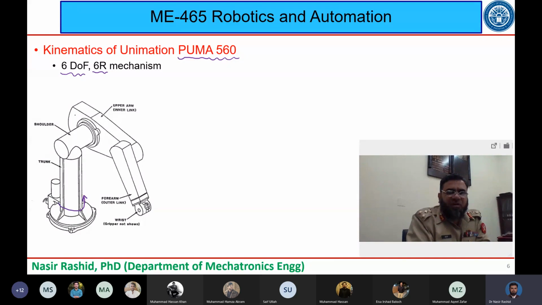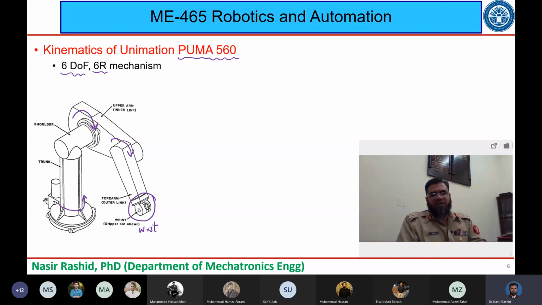Then we have a joint here which can rotate like this. We have a joint here which can rotate like this. And then we have a wrist. How many degrees of freedom will a wrist have?